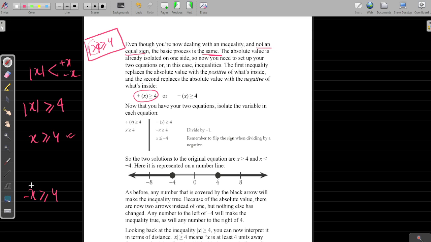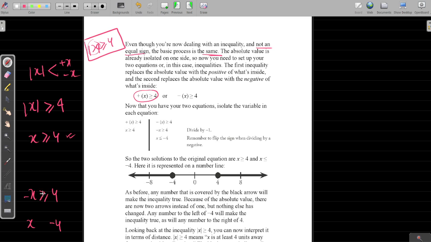But here I need to isolate the x, and in front of x there is a minus sign. To remove this, you need to multiply by minus 1 on both sides. So here this will be minus 4. But whenever you multiply by a negative number, you need to reverse the sign.